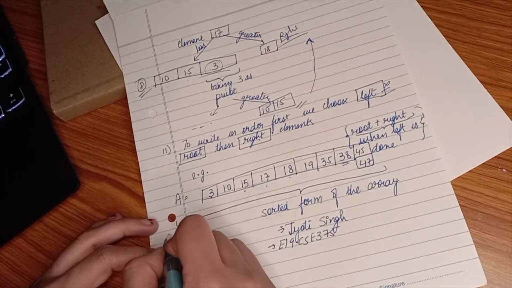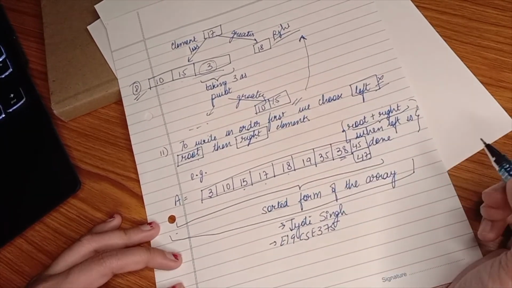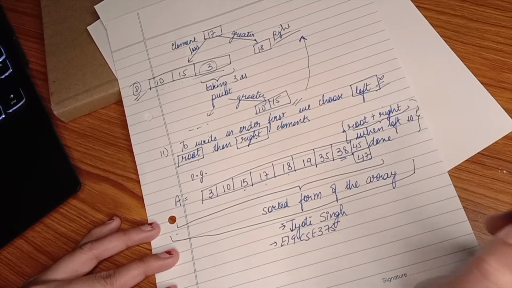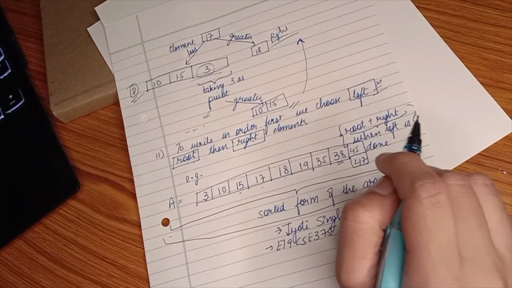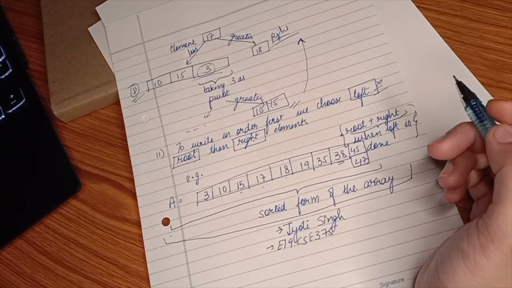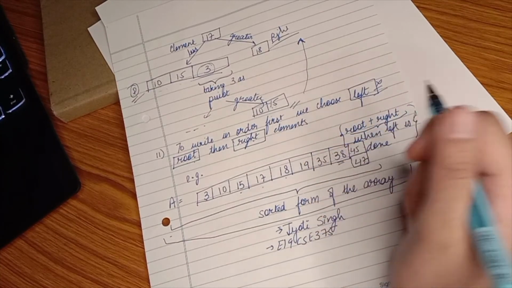So guys, this is the sorted array which we have formed by using the divide and conquer rule, which is popularly known as quicksort. Now I can give you key notes for quicksort. Quicksort is used for sorting the given array.